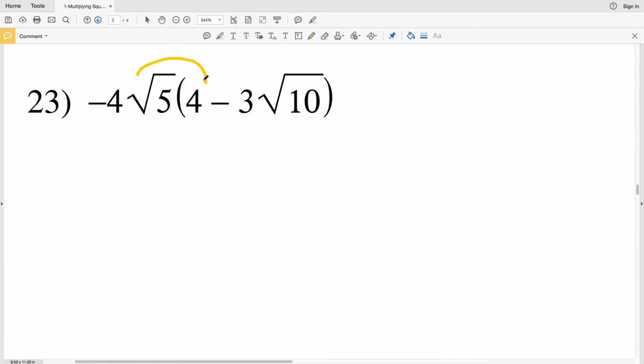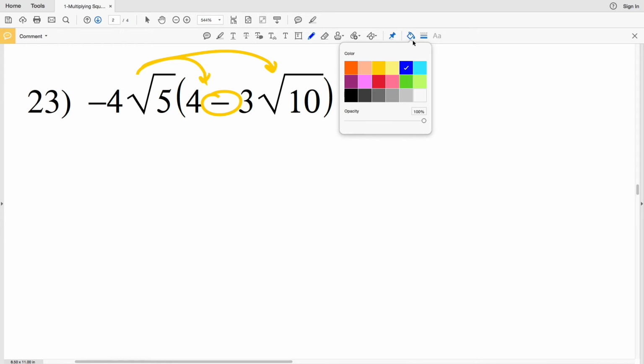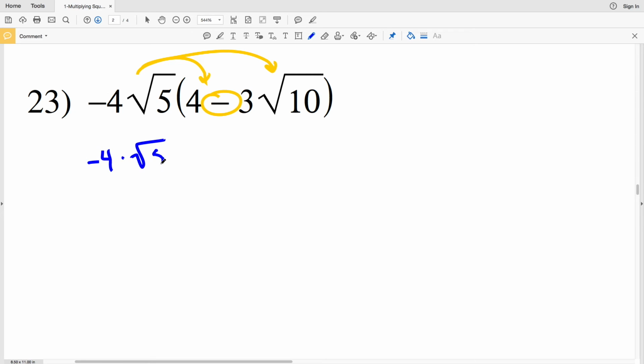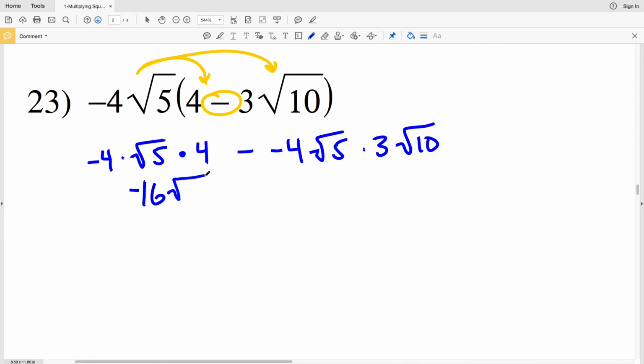Number 23, again, I'm distributing with subtraction in between. Negative 4 times the square root of 5 times 4 minus negative 4 times the square root of 5 times 3 times the square root of 10. Negative 4 times the square root of 5 times 4 is negative 16 times the square root of 5, and I'm subtracting.